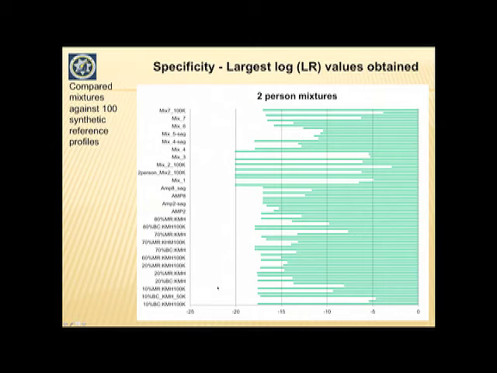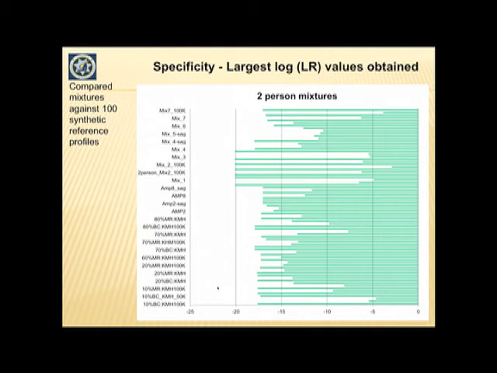All right, so now that's a good segue into specificity. The specificity is the ability of the TrueAllele analysis process to exclude or provide a negative log likelihood ratio for non-contributors to a mixture.